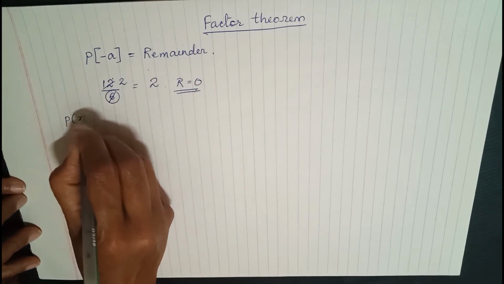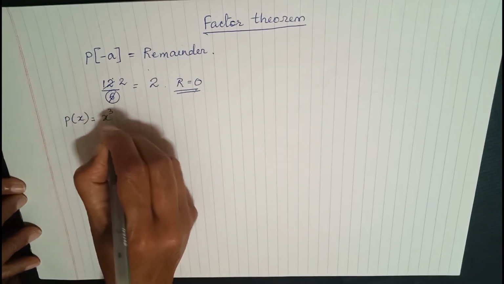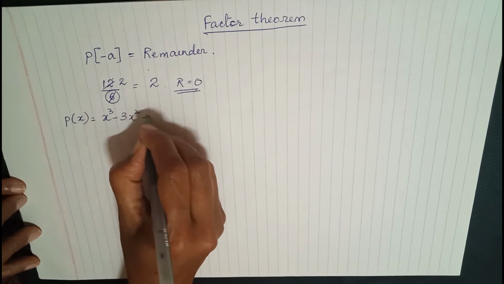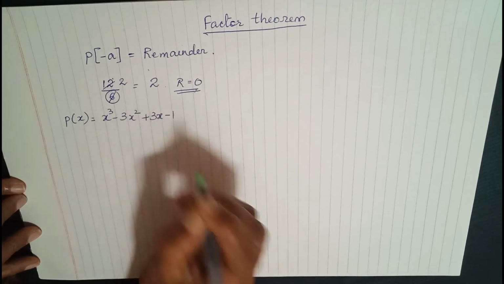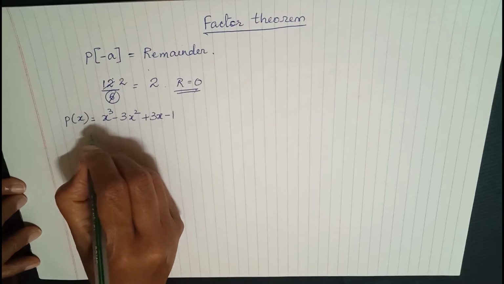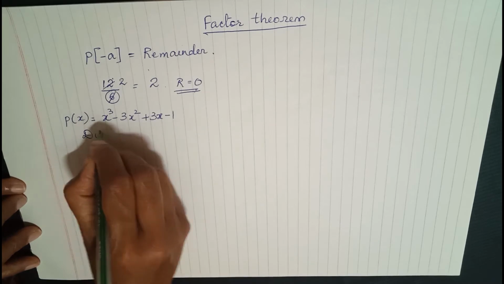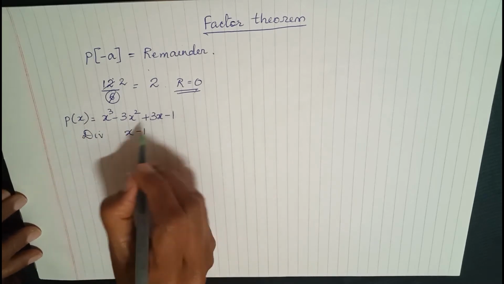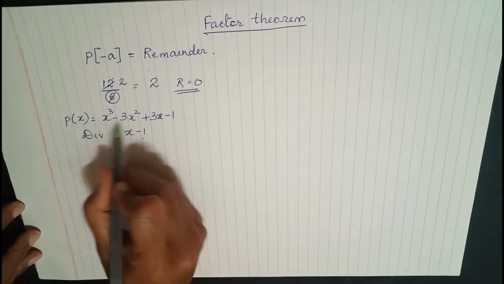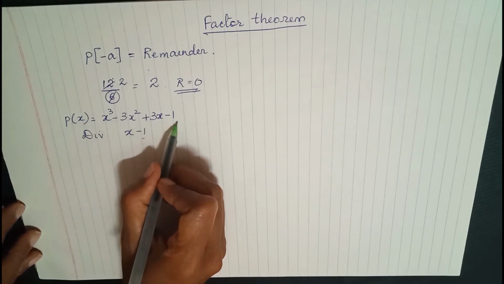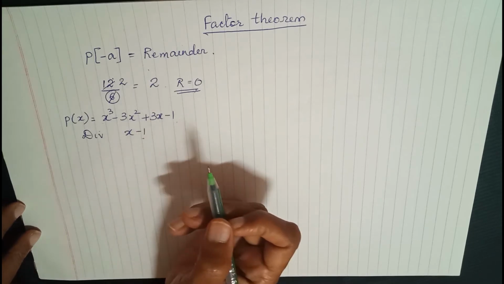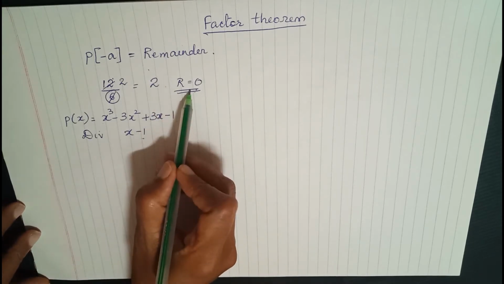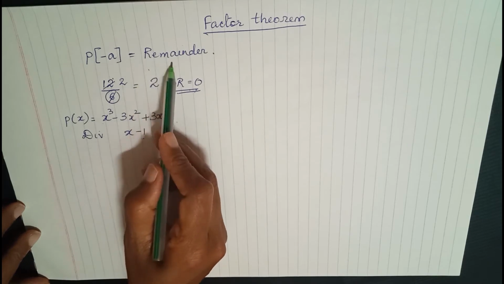Let us say we have a polynomial x cube minus 3x square plus 3x minus 1. And we have a divisor which is x minus 1. And we have to decide whether this x minus 1 is a factor of this polynomial or no. And the only thing that we should check is whether we get a remainder 0 or no. And we have seen how to find remainder 0 using a remainder theorem.